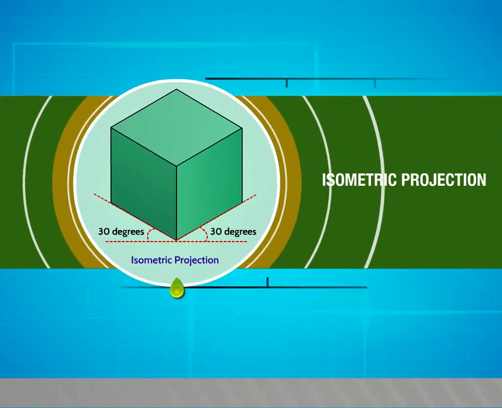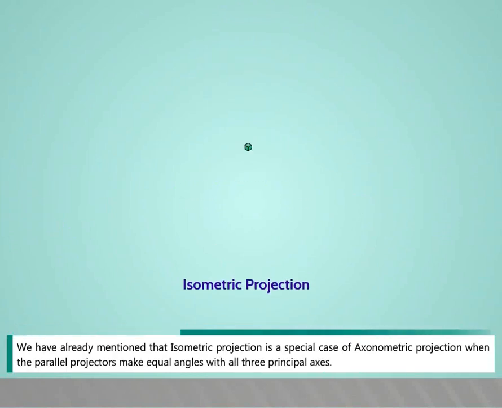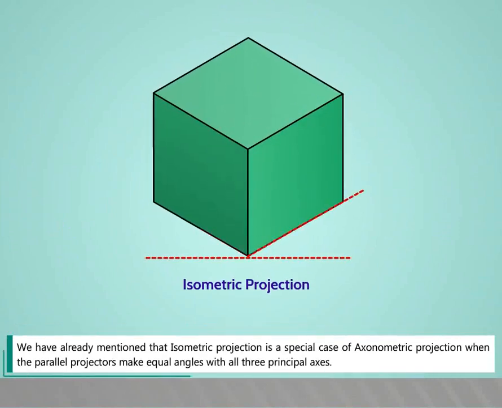Isometric projection. In this video, we are going to see isometric projection. We have already mentioned that isometric projection is a special case of axonometric projection when the parallel projectors make equal angles with all three principal axes.